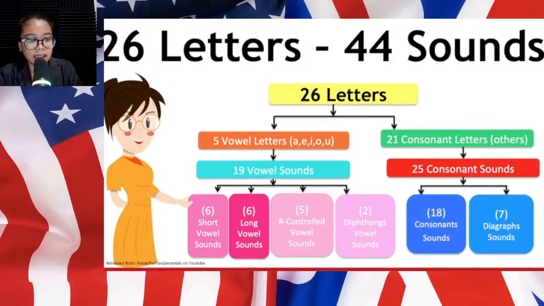For the consonant side, again, there are 21 consonant letters, which have 25 consonant sounds, under which we have 18 consonant sounds and 7 digraph sounds. So, now imagine there are only 26 letters, but there are 44 sounds.